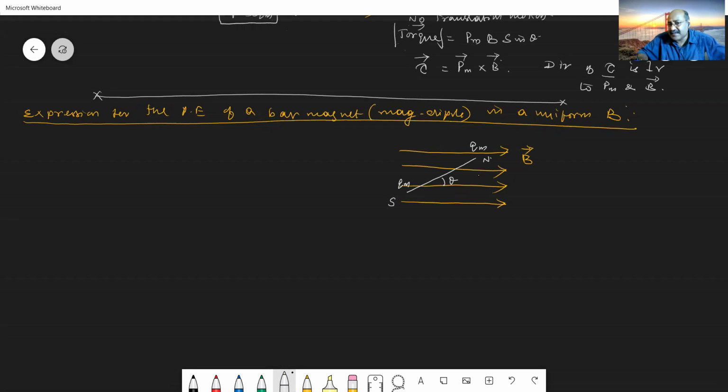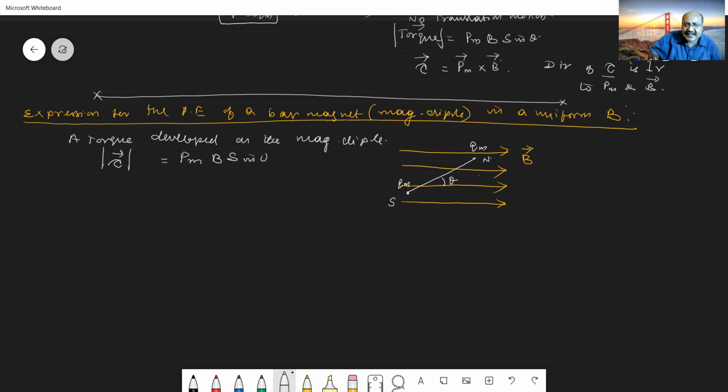When this magnetic dipole is placed inside this magnetic field, it will experience a torque. So I am initially writing the torque developed on the magnetic dipole, or the bar magnet. The magnitude of the torque developed, tau, is equal to P M into B into sine theta.